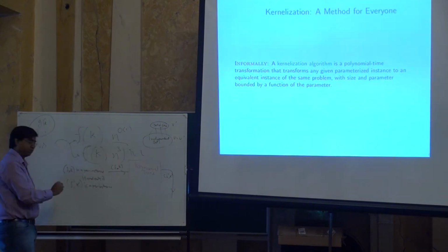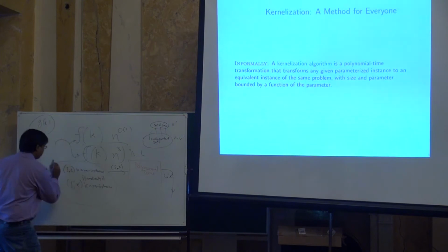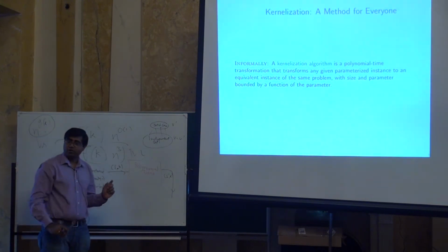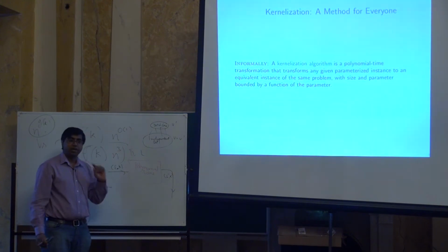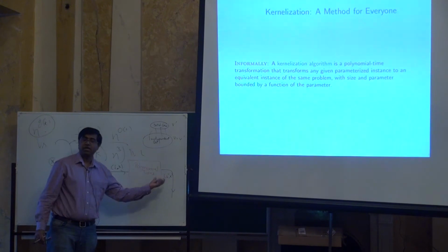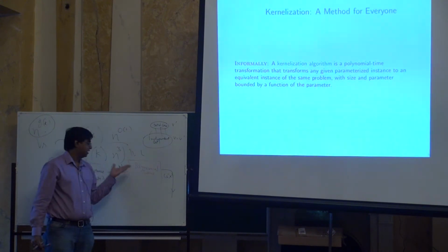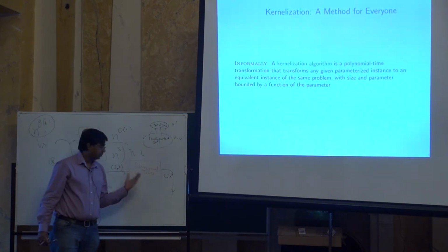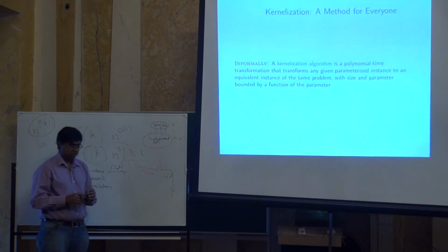So with respect to this, any pre-processing algorithm must maintain these two things. Given (I, k), it returns me an equivalent instance, like yes goes to yes, no goes to no. Only then is it a nice, proper simplification or pre-processing algorithm.